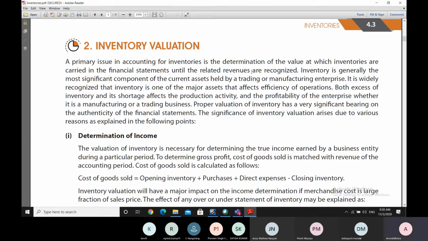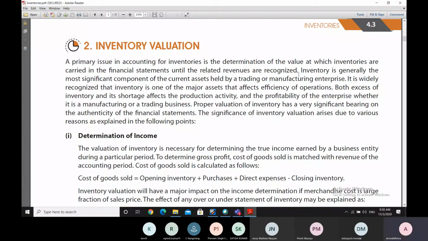Because the primary issue here is that we have to decide how much the value of the inventory will be, since the revenue is not recognized so far. Till the related revenue is recognized, which means till the inventory is sold off, we have to keep it in our books at a certain value.